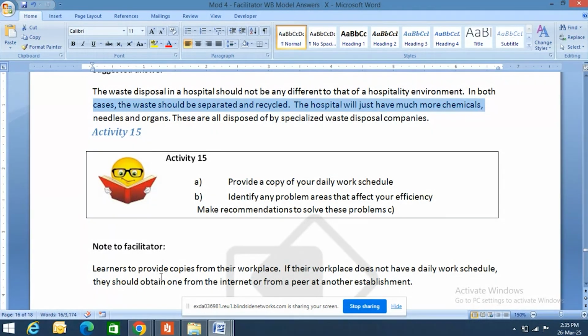Let me see if I have one on my phone. At school, we used to have a timetable where it said from 8 o'clock to 9 o'clock, you're doing mathematics or that kind of thing. So for food and beverage, I don't know what time your shifts start, but you're going to say from start of shift for the first hour before you open the restaurant, so from 6 to 7, you are cleaning the restaurant, disposing of the waste and getting clean cutlery, crockery, and setting up the tables, right?